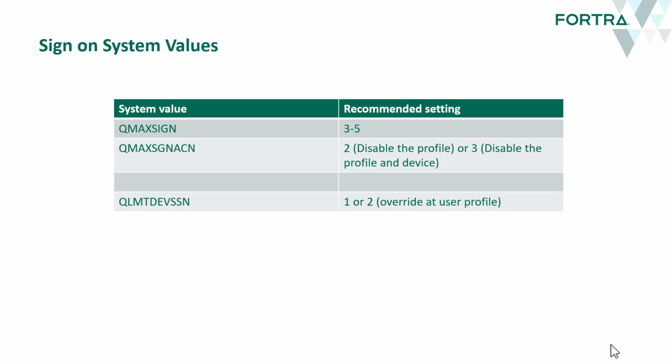So if you have administrators or certain users that need more than 2 sign-on sessions at a time, you can override that at the user profile. But the recommendation would be to set that limit device sessions to 1 or 2, because how often in your operations do people really need to have more than 1 sign-on session at a time? So if their credentials have been compromised, anyone trying to sign on while they're already authenticated and already working will automatically be rejected.